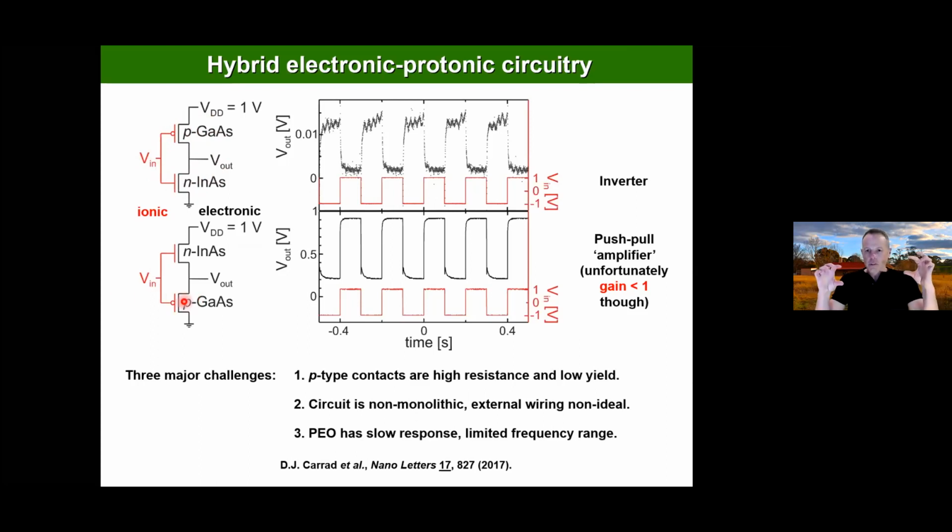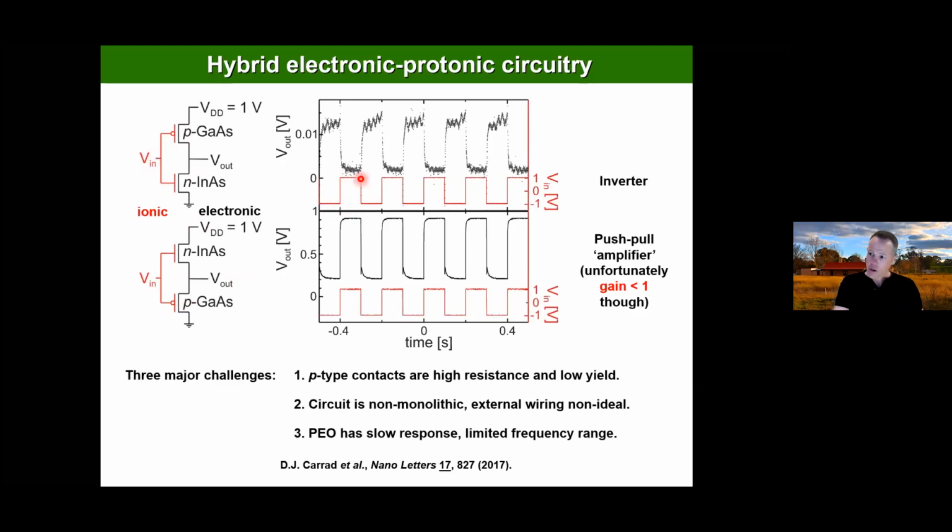And while we've done a trivial case here of just having a metal connecting to an ionic element connecting to an electronic element, you could imagine having instead the ionic elements coming out and putting, for example, a neuron or something on there as some way of transducing ionic signals into electronic signals on the other side. And so what we can do is drive an input signal on this ionic side.